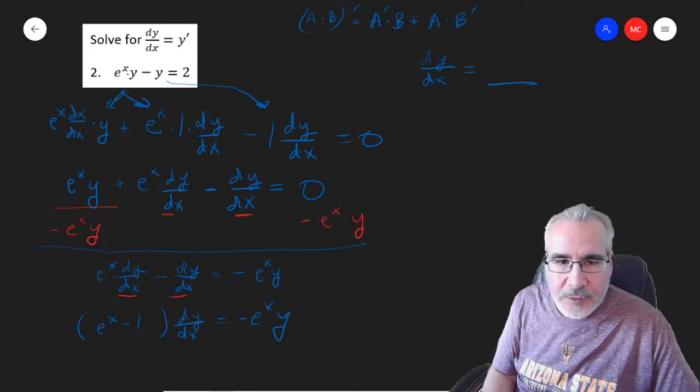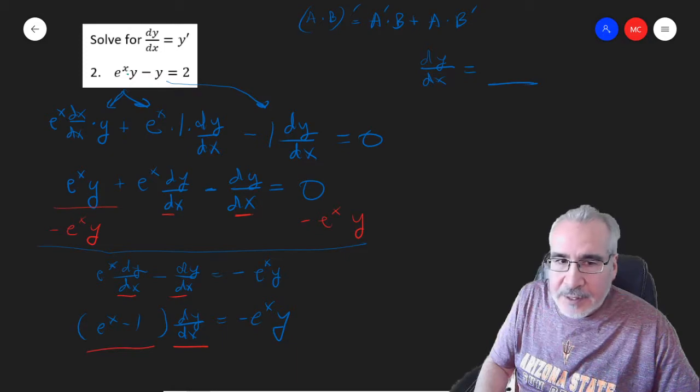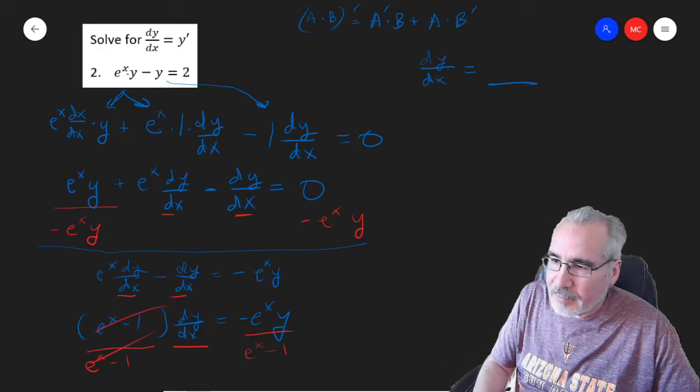Okay, so far so good. And as you can see, since we're trying to solve for dy dx, all we have to do is divide by e to the x minus 1. So that's what we're equal to right here.